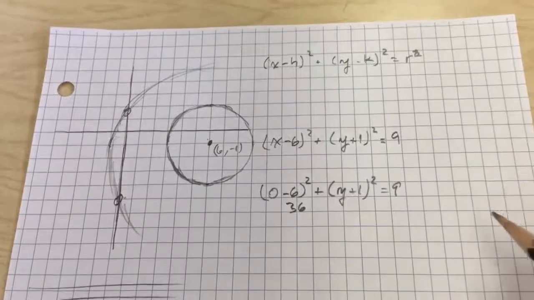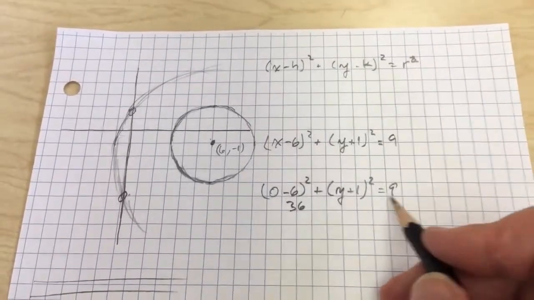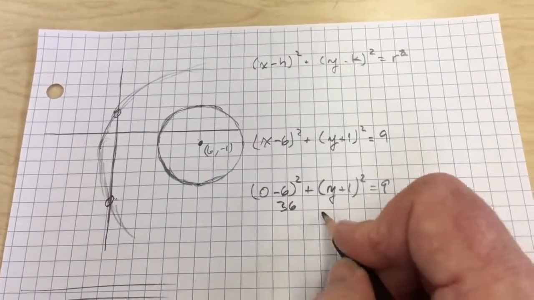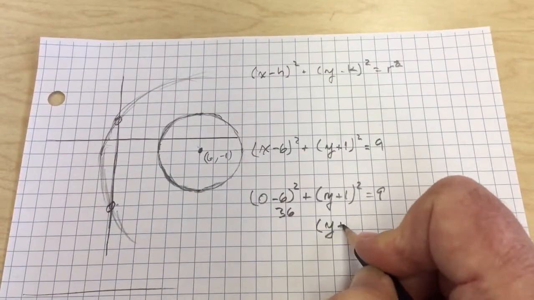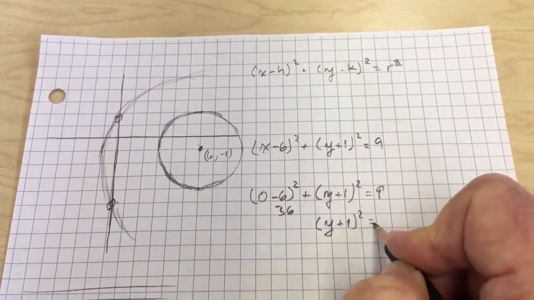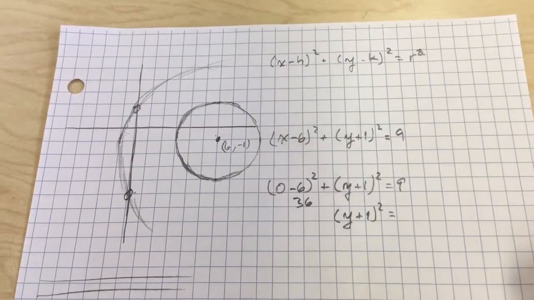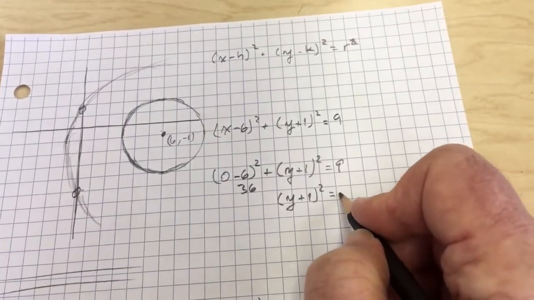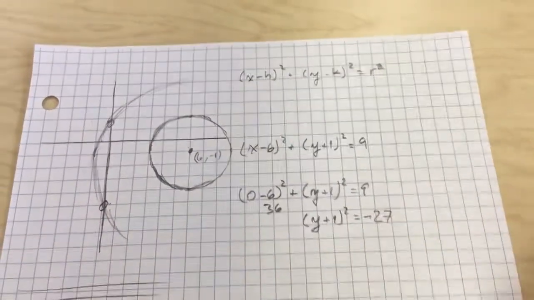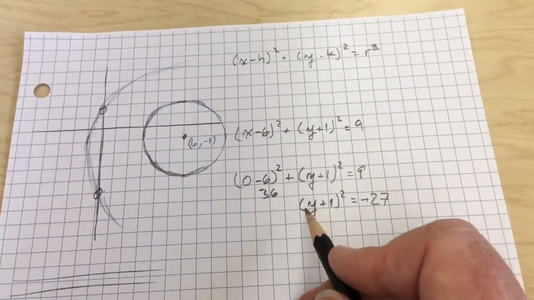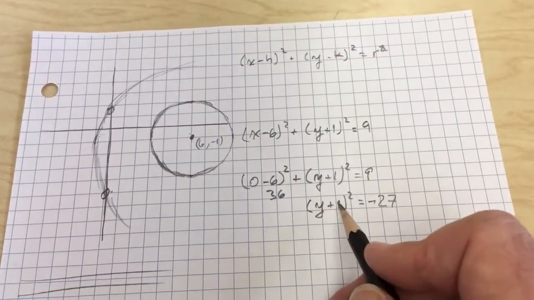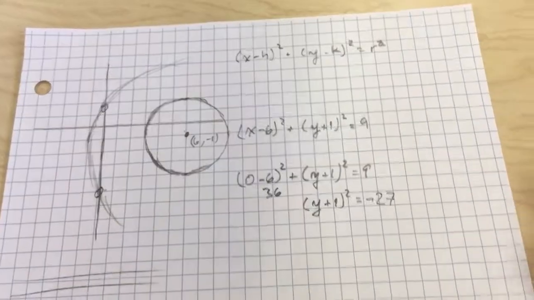So I'm going to subtract 36 from both sides. What is 9 minus 36? That's a tough one without a calculator. I think it's negative 27. Okay, this looks weird, huh? Why is something squared equals negative 27?